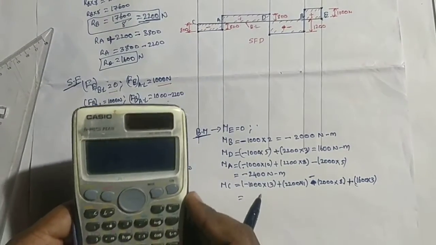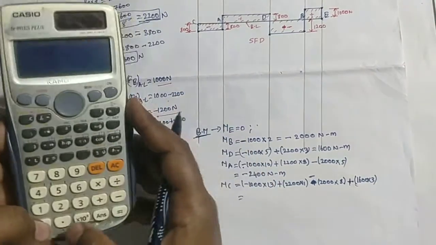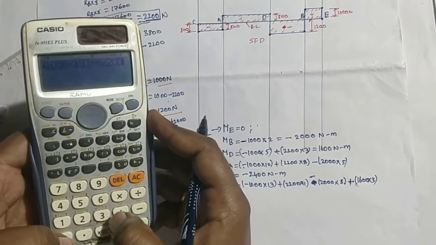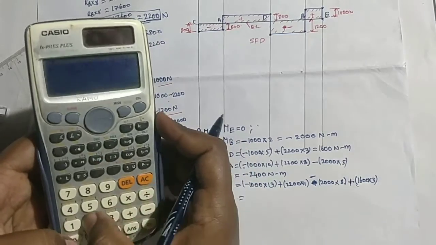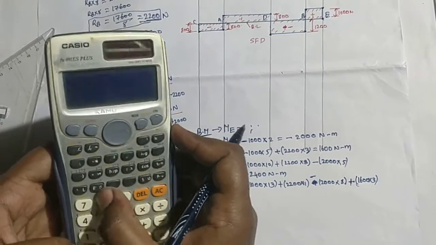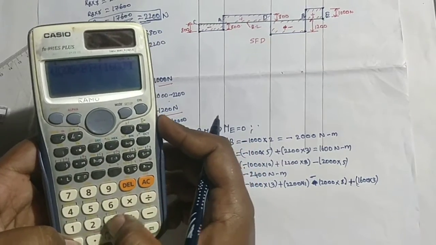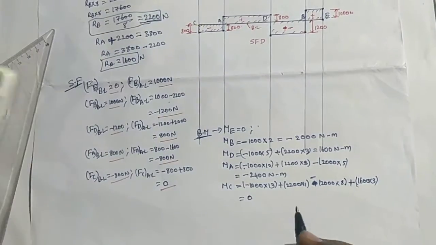Now calculate the bending moment at point C: minus 1000 into 13 plus 2200 into 11 minus 2000 into 8 plus 1600 into 3. The value is 0, so the bending moment at point C is 0.